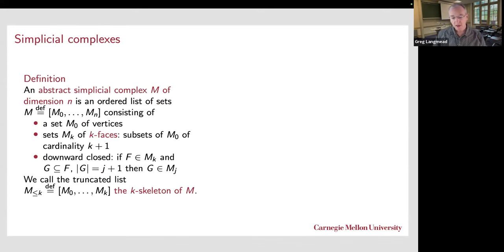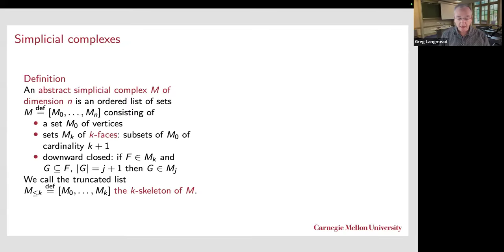A simplicial complex M of dimension n is an ordered list of sets like this, n plus 1 of them. And the 0 set, M0, we call the vertices. And then all the MKs, which we call K faces, are K plus 1 cardinality subsets of the vertices. And they're downward closed. So if you're a face in MK, then all of your subsets are in some appropriate MJ below that.